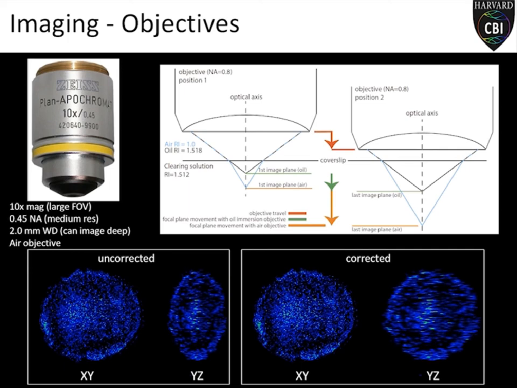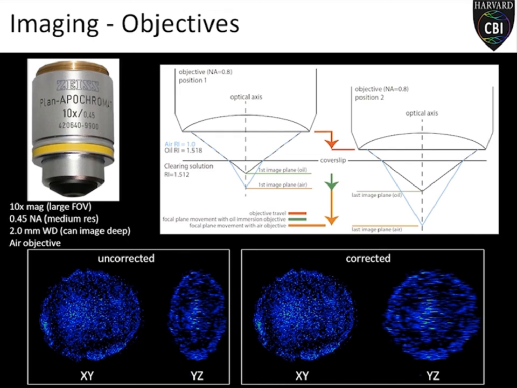So if you look at the images of the spheroids at the bottom, let's look at the box on the left-hand side where it says uncorrected. This is an image of a spheroid, a 3D tissue culture ball of cells that has been grown. It should be roughly spherical. And in the XY dimension, it does look that way. But when we do a projection of all of our Z slices in the YZ dimension, we see it looks kind of squished, a little bit like a pancake or an oval.